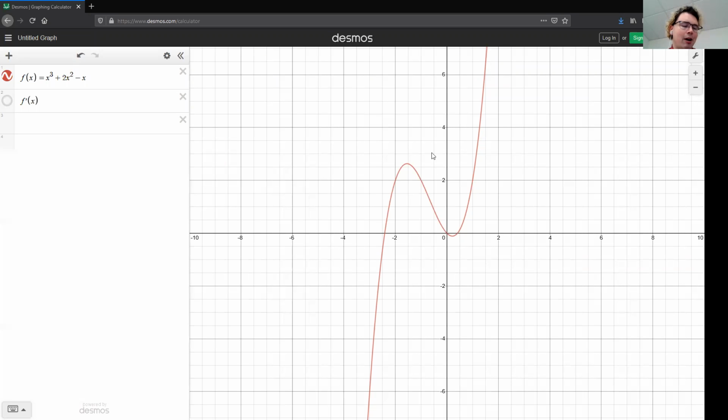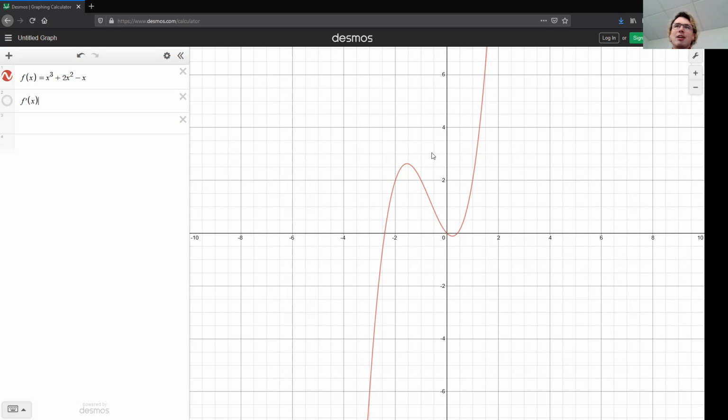So here I am in Desmos again, and I have graphed a polynomial. f(x) is equal to x cubed plus 2x squared minus x.